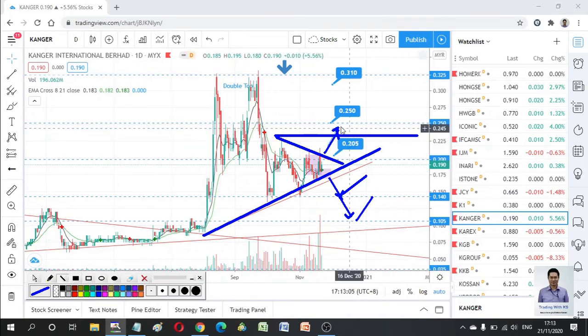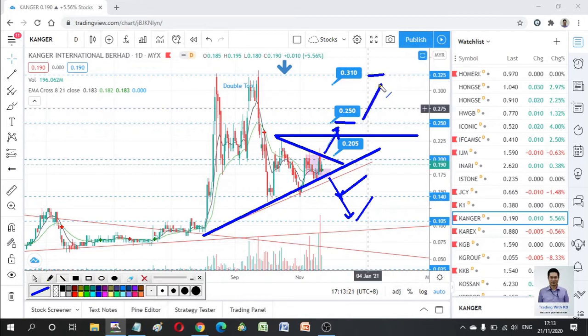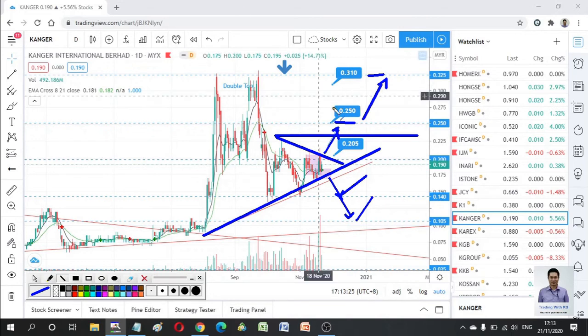If the price can go through 0.23, the possibility is 0.25, and if the price still has very strong momentum, there is a possibility to test the previous high, which is at the 30 cent area. This is a possibility that the price could come up here if there is strong momentum. But the first area you need to look at is here.